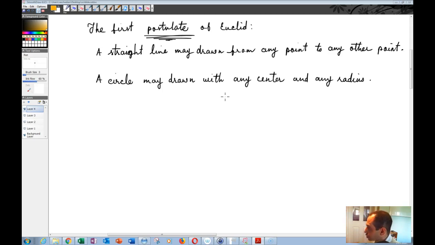Now, in order to make sure that everything fits together and there is no problem regarding the postulates and axioms that we have taken for granted, there are a few things we do in order to make sure that again we have as few problems as possible.